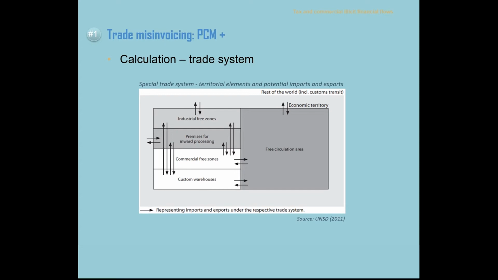Of course, trying to adjust for various parts of the economic territory that would not be captured in the special trade system and to encompass the general trade system may be very resource intensive. So it is nevertheless still important to try and address those specific areas that are taken out of the special trade systems to account for them and make sure that the trade statistics that are being used are essentially comparable.